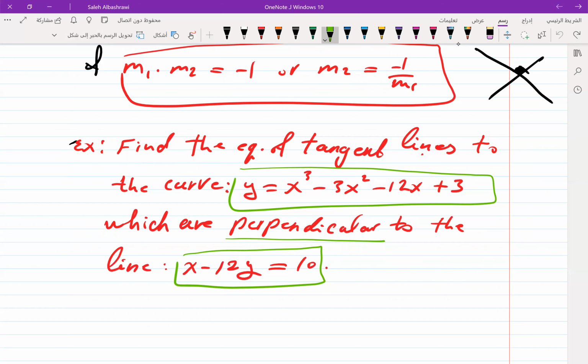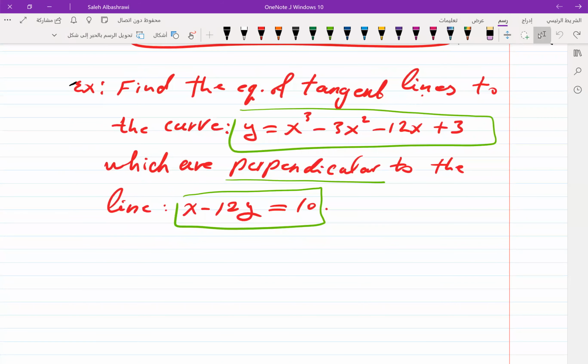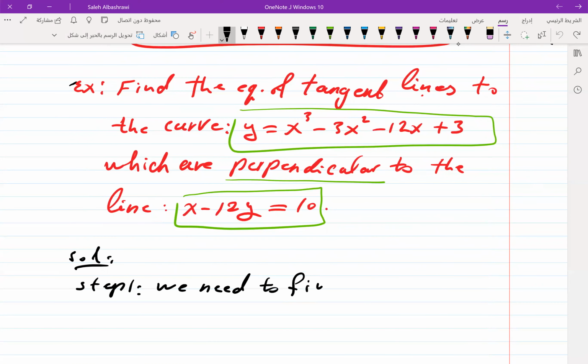So first of all, step number 1, we need to find the slope of the tangent line, but it's given that the tangent line is perpendicular to the line x minus 12y equal to 10.